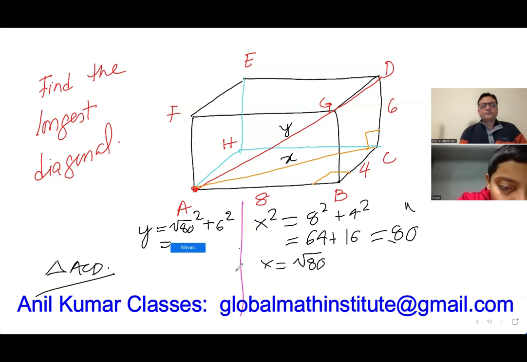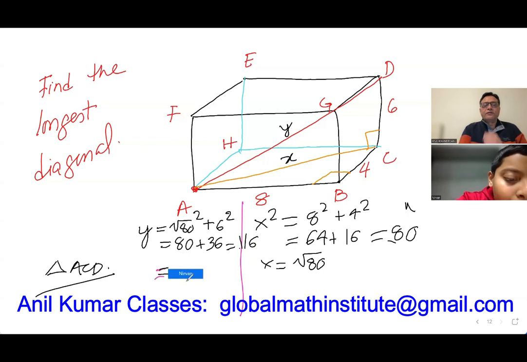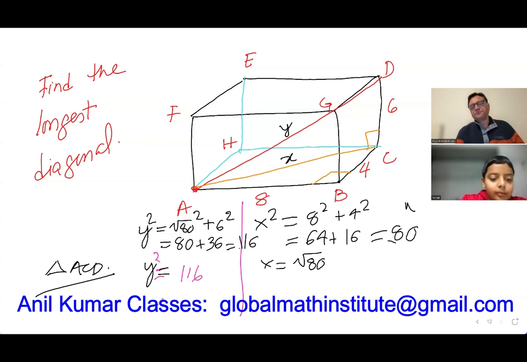So you'll end up with 80 plus 36, which is 116. Y square is 116. What is Y equals to? Y is square root 116. Can you simplify this?